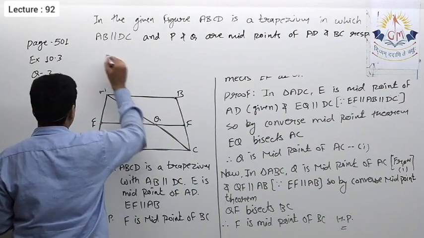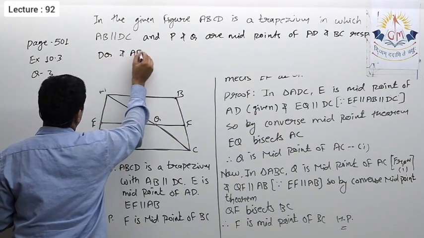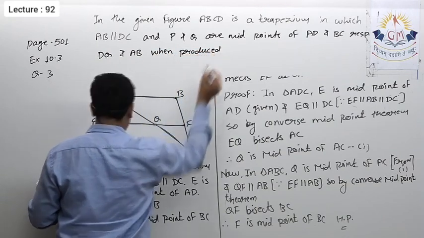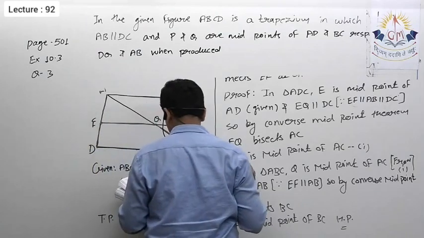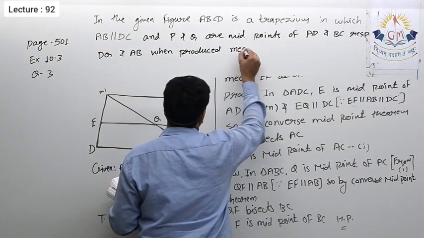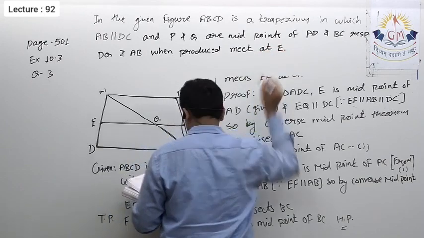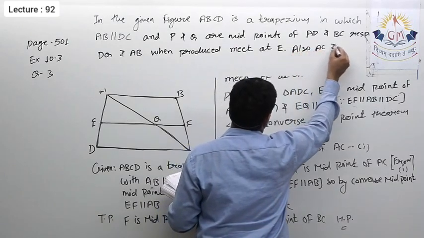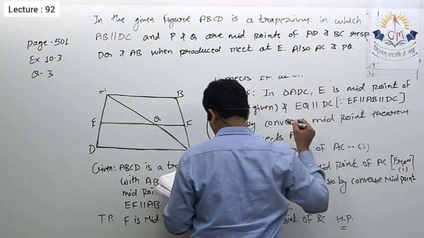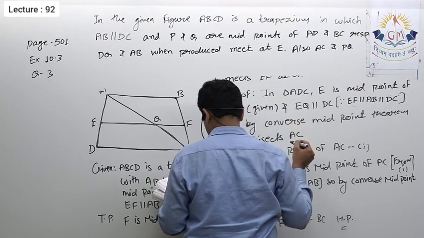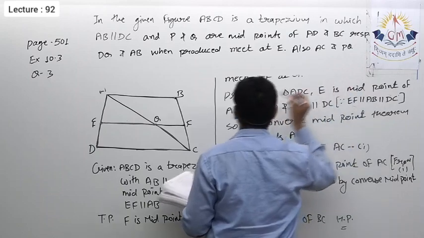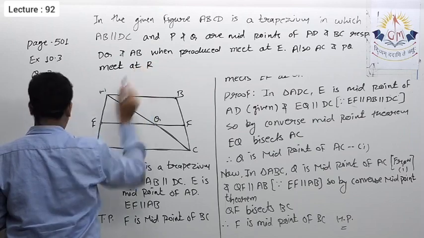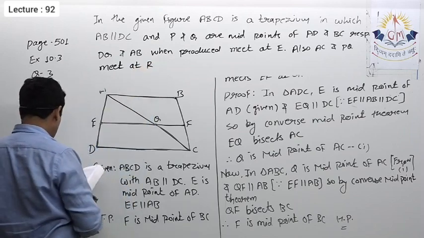DQ and AB when produced meet at E. Also AC and PQ meet at R. So you have to prove 3 things.